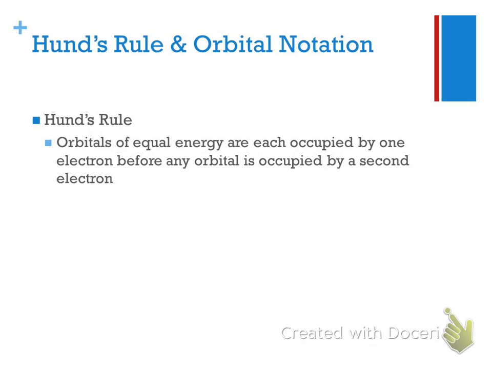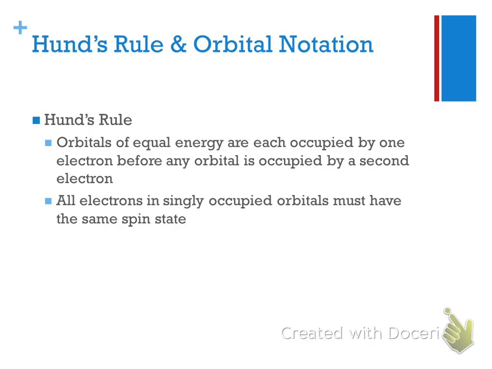So what Hund's rule is essentially telling us is that we have to fill the 1s orbital before we move on to filling the 2s orbital. When we fill the 2p orbitals, we're going to fill them 1 across first, then we're going to go back and put in the second. And that's really important for you as you start to fill these orbitals using Hund's rule.